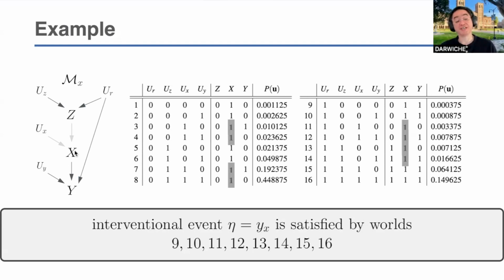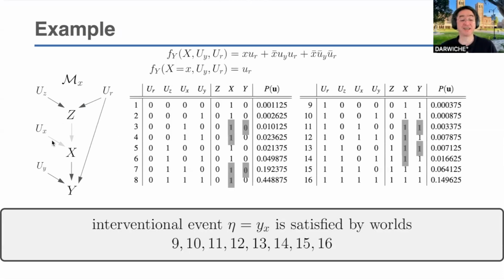And also, since the value of X is this, I have to adjust the values of Y. Because remember, what's the equation for Y? The equation for Y was this. But now that I'm setting the value of X to true, that equation simplifies to this, which means that the value of Y is simply following the value of that variable. So those are the places where I have to adjust. So this is now the joint distribution for this model. Now, we could have done it from scratch, but we just modified the joint distribution of the previous model.